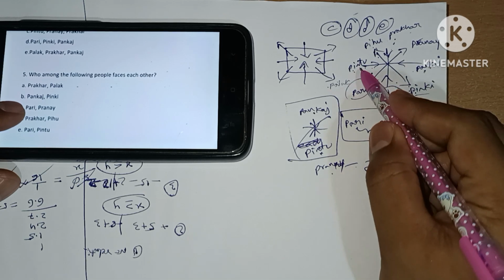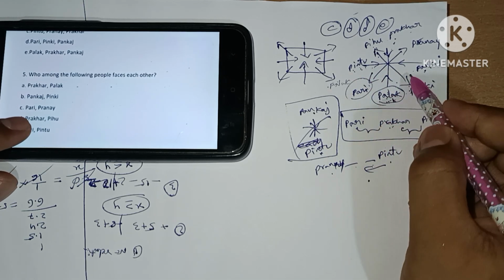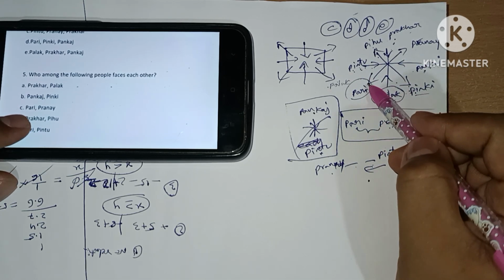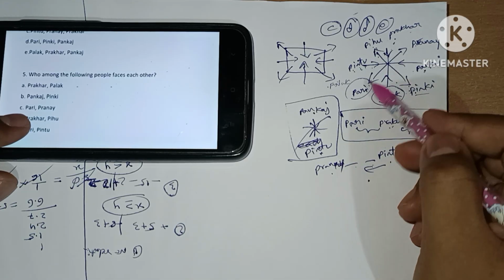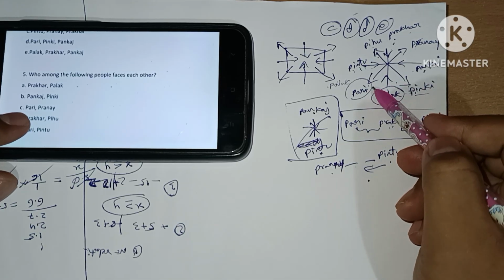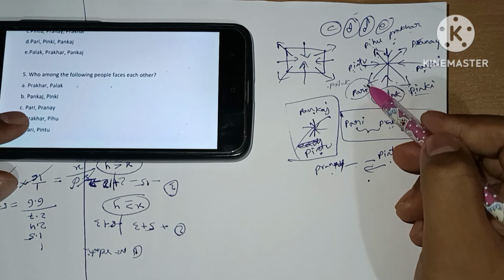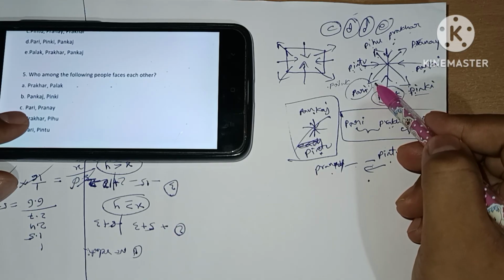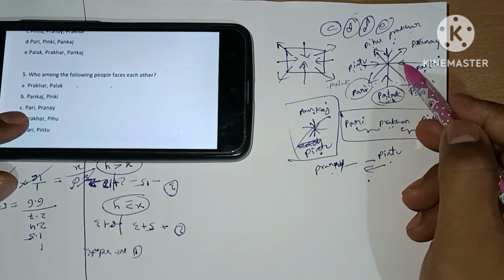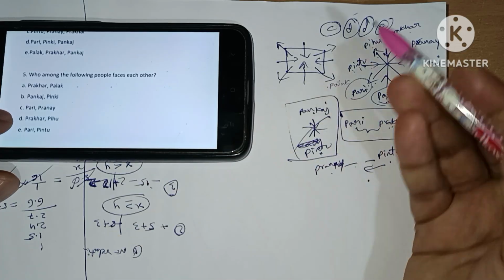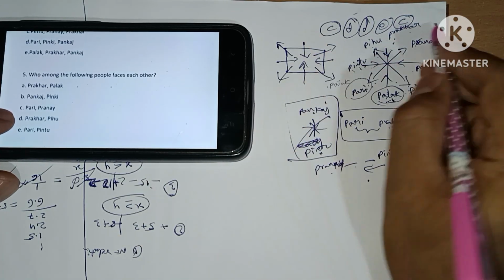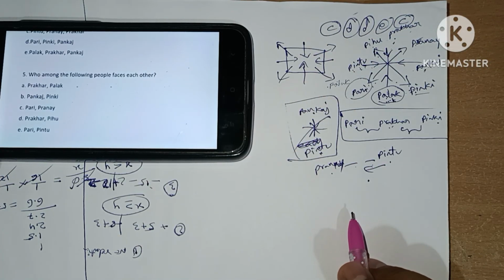Pankaj and Pinky? No. Pari and Pranay? According to our puzzle solution, they are facing outside, but the original is that they are facing each other. So the answer for this one is option C. These are the solutions of our puzzle.